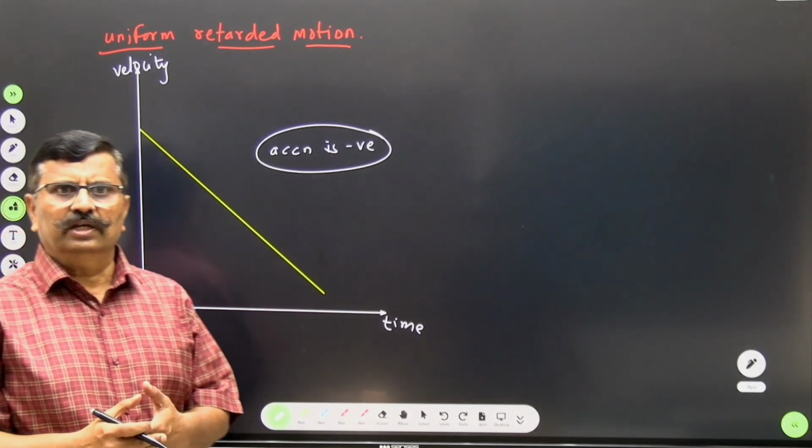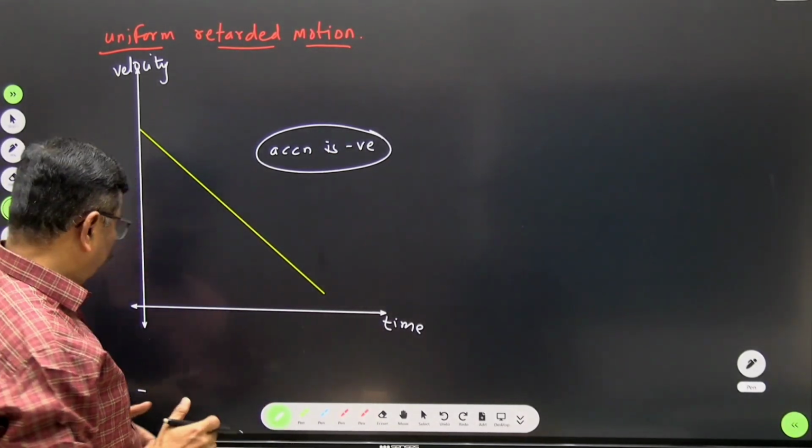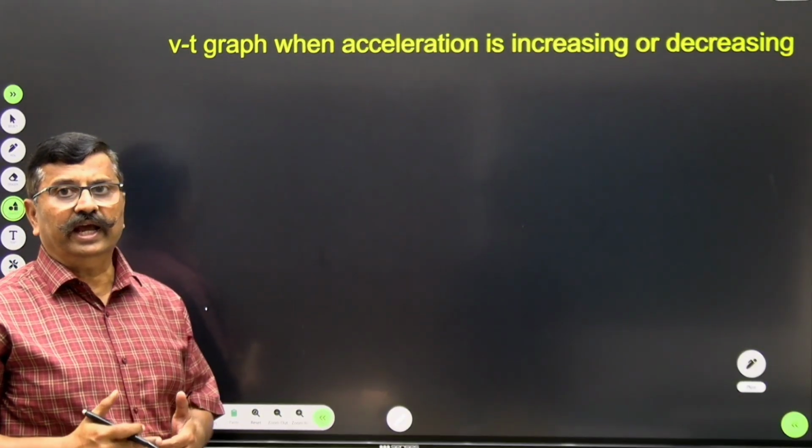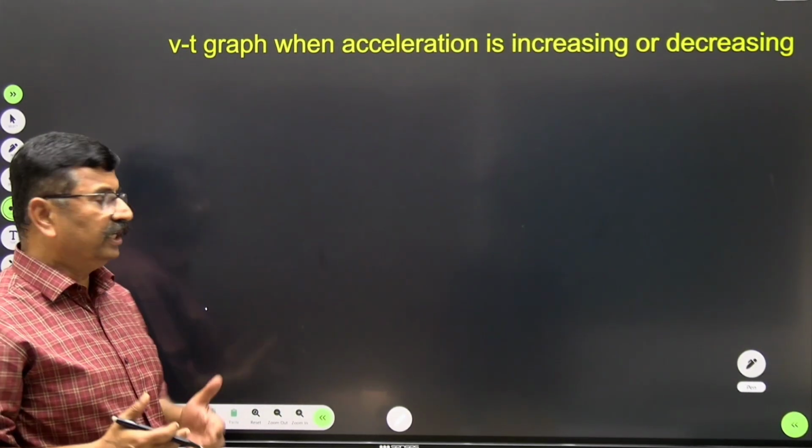Now next is when the acceleration is decreasing. Now let us plot the velocity time graph for the motion where acceleration is increasing or decreasing.